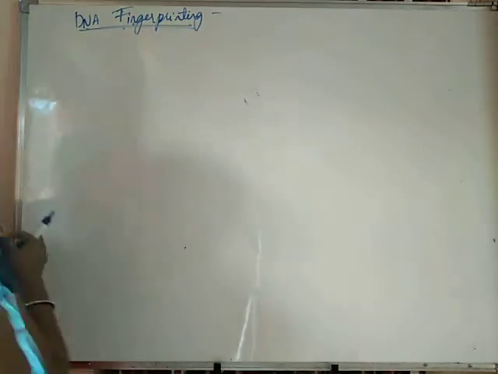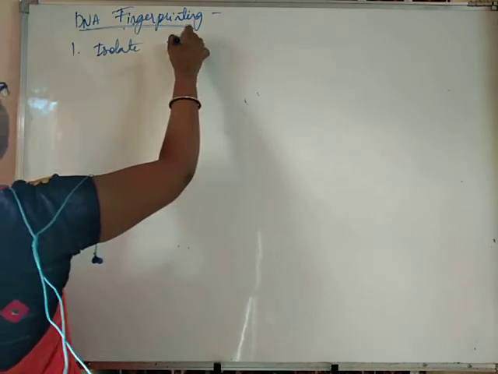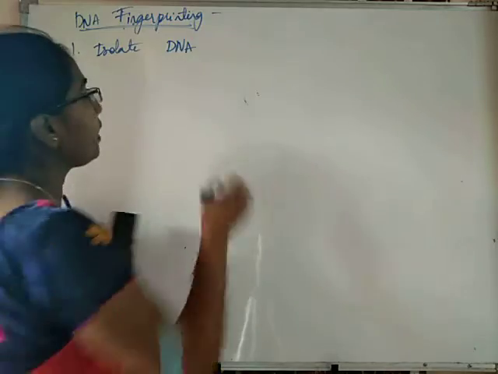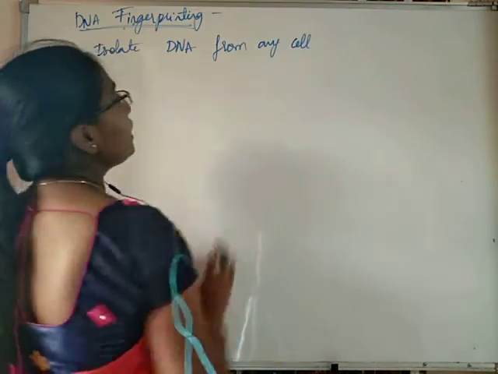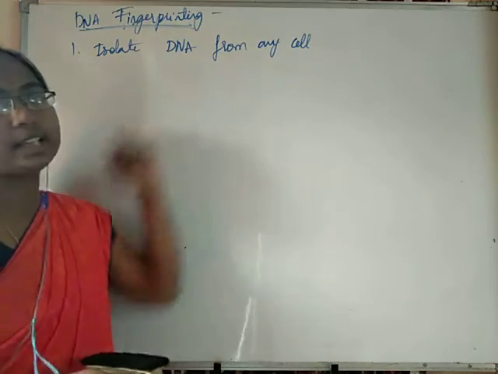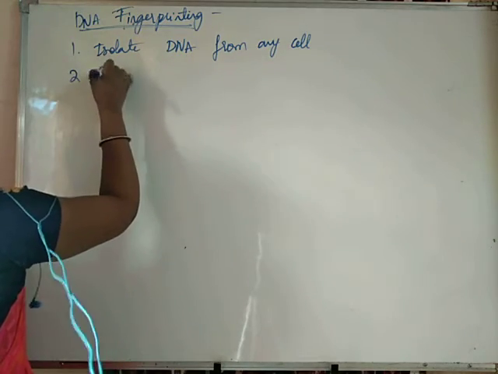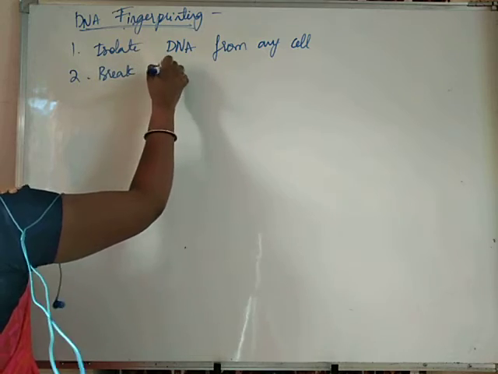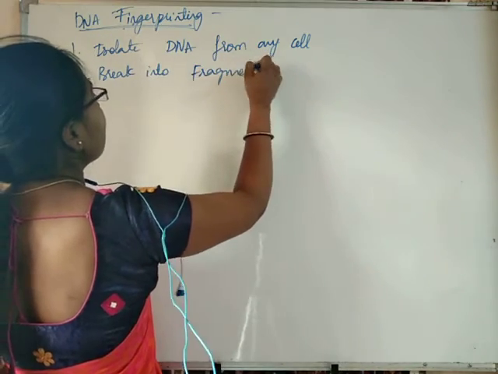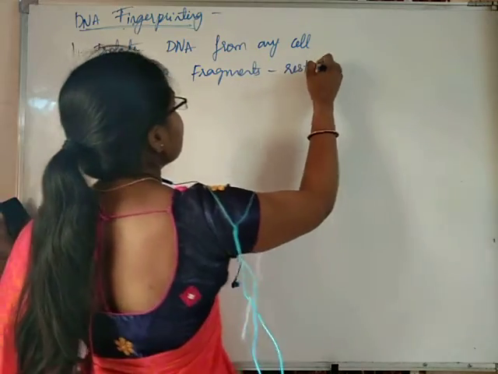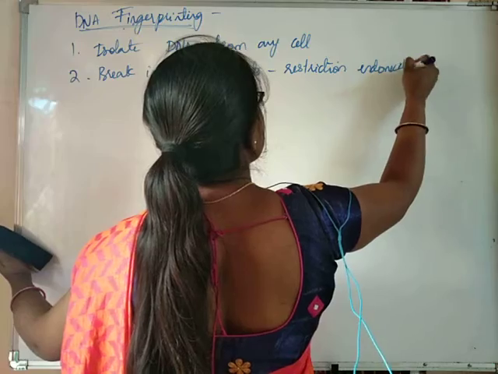So, students, the first thing we do is isolate the DNA. That means we separate the DNA from any cell in the body. After isolating the DNA, we break it into small fragments by using restriction endonucleases.